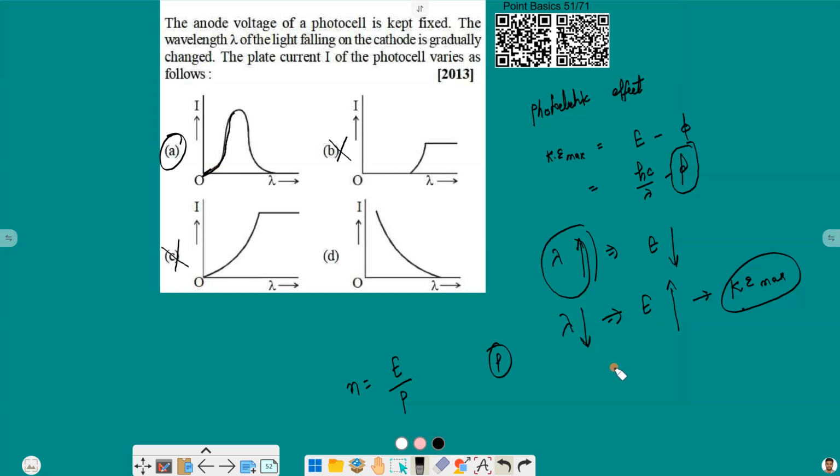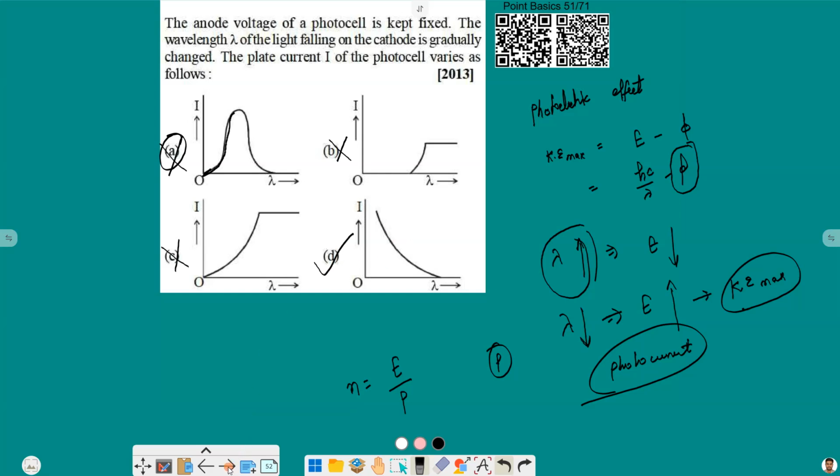So we will get photocurrent. There is no mention regarding power, so we cannot conclude regarding intensity, but in option A the intensity is going to zero, so that will not happen. So A is also rejected. The only suitable behavior we can find is in option D.